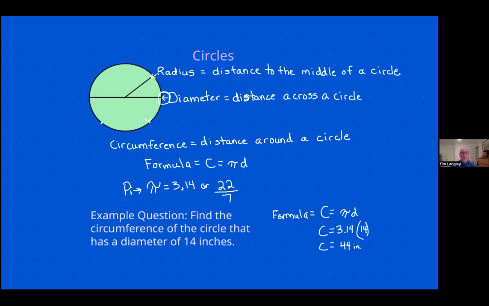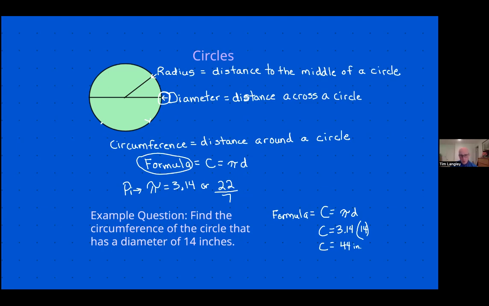Okay. So in a sense, that's another word for perimeter. But now, because it's a circle, we call it the circumference, the distance around the circle. And there's a formula for that, which I'm going to circle here at the bottom. To find the circumference, the distance around: C, standing for circumference, equals pi times diameter.